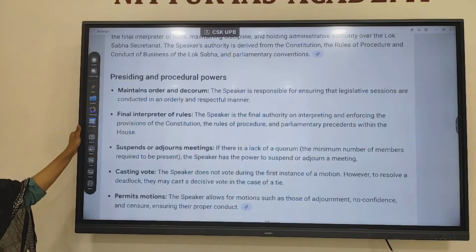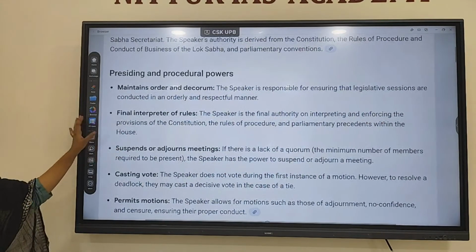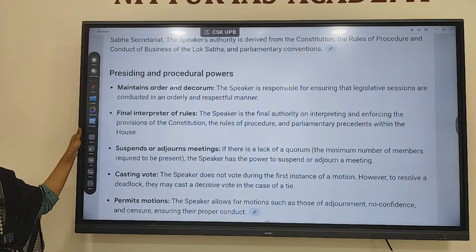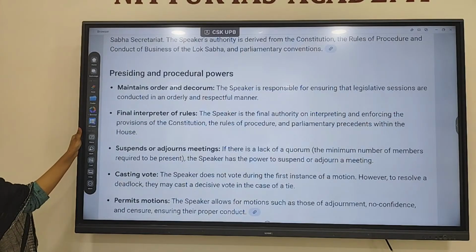What is that? First one, maintains order and decorum. Who is the presiding officer of Lok Sabha? Speaker. He will preside the meetings. He will preside the sessions in the Lok Sabha.